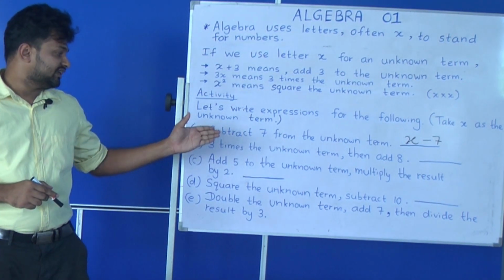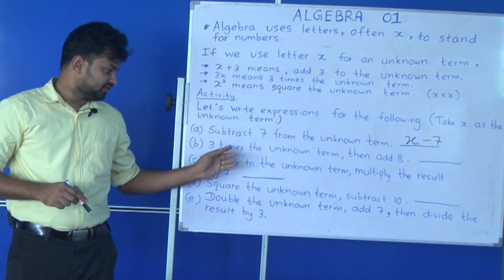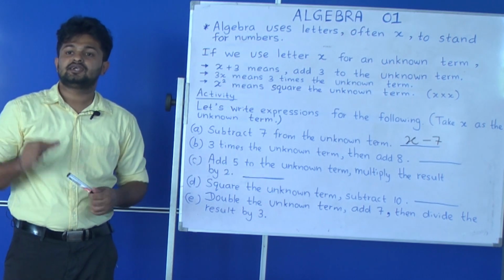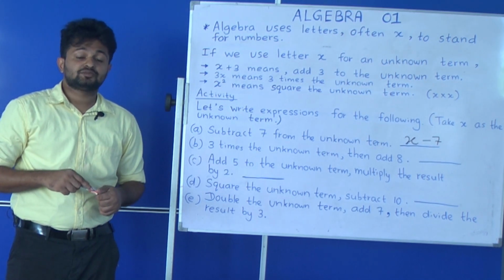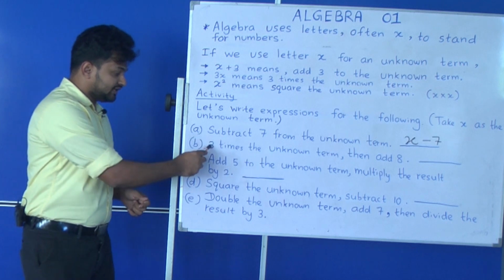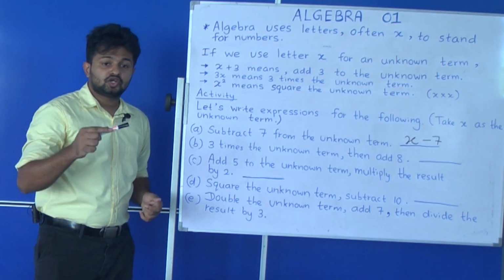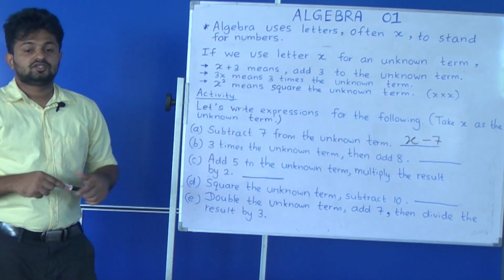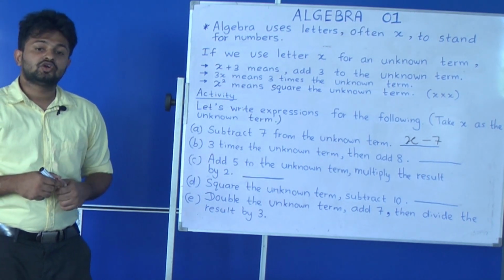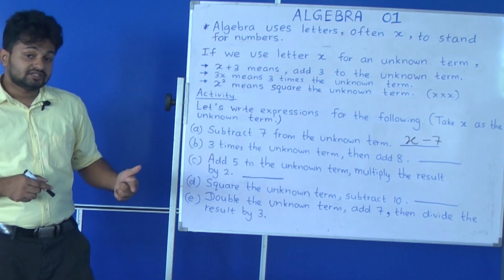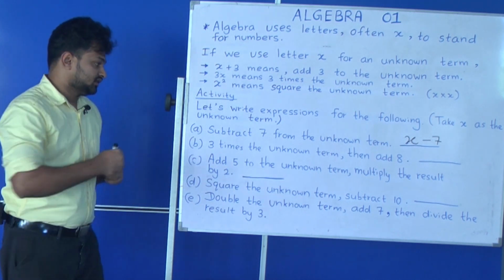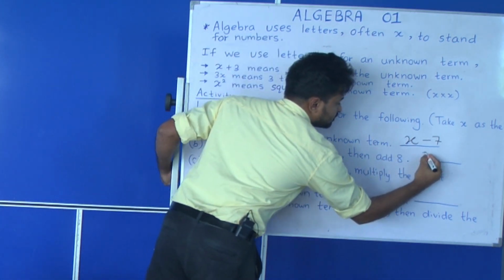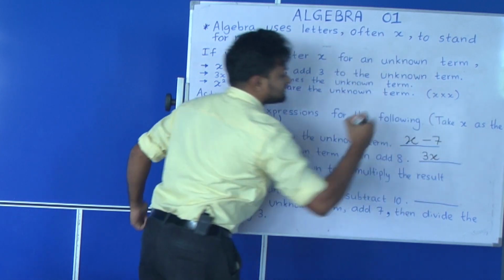So 3 times the unknown term, then add 8. So what do we have to do first there? 3 times. When it comes to the word times, you know that it is multiplication. So 3 should be multiplied with the unknown term, then 8 gets added. So when you multiply 3 by the unknown term, what is the letter you are using now? That is x. You can simply write 3x.